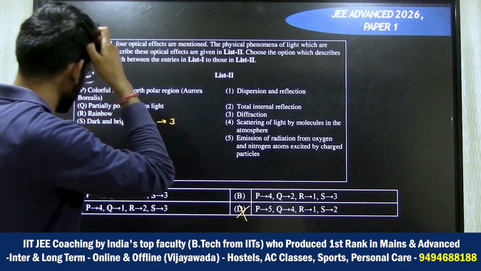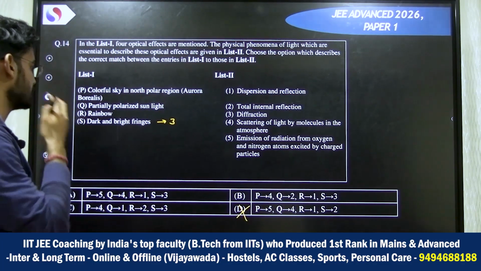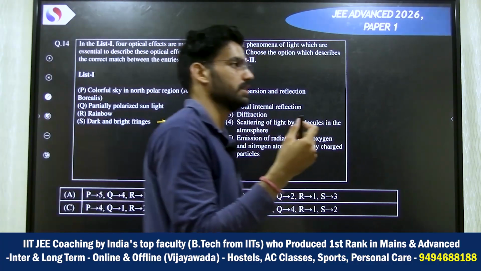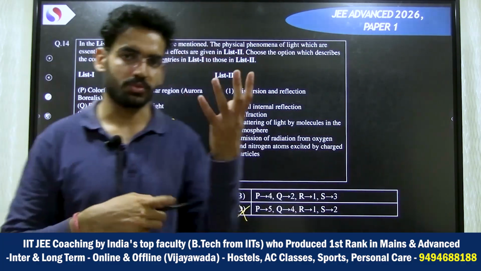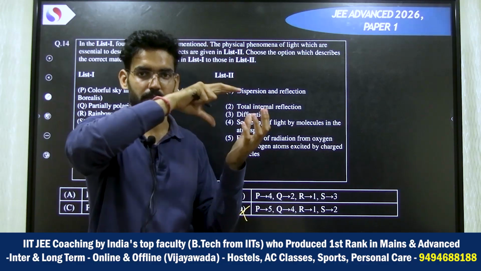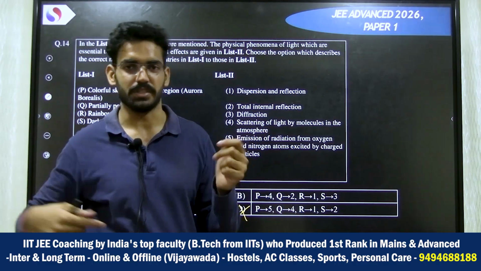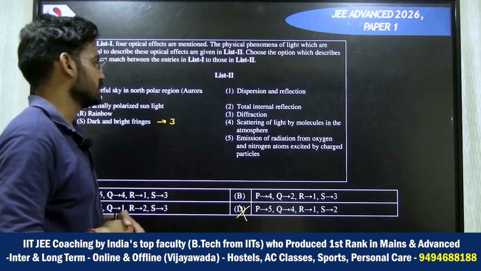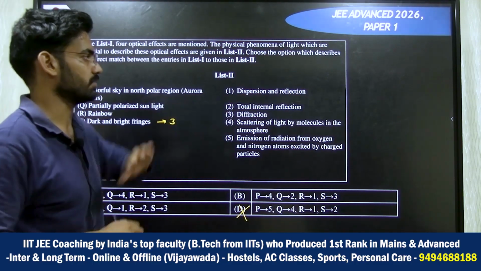Then what will happen, right? Now partially polarized sunlight, okay? First of all, in the rainbow question R, what can be possible? People can think, as I have shown in the class 1 video, that there is a water molecule through which light comes, dispersion happens, then reflection happens, it comes back, and then dispersion happens again. So there is a reflection part also, but just wait for it. You can say that sir, there is a total internal reflection also, there is a dispersion also, there is a reflection also.